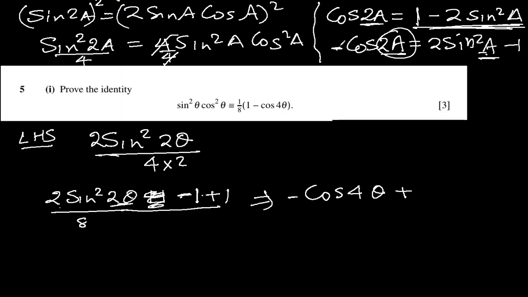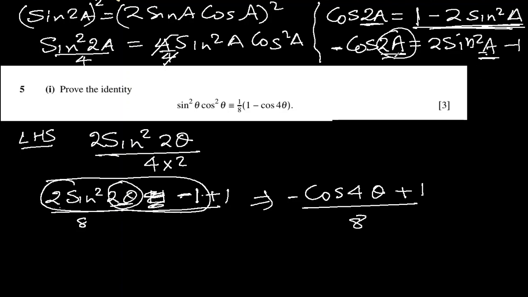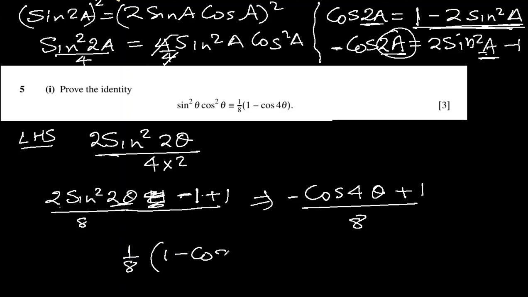Because of this minus, it is minus, plus 1 over 8. This part became cos 4 theta because it is double of 2 theta. This angle is double of this angle. We have to always copy like this if we are using an identity. And now if we want, we can write this whole part as 1 over 8 outside, 1 minus cos 4 theta here, and that is our right hand side.